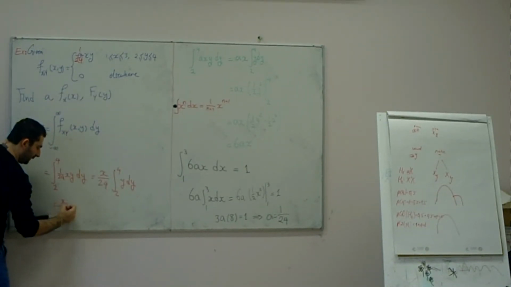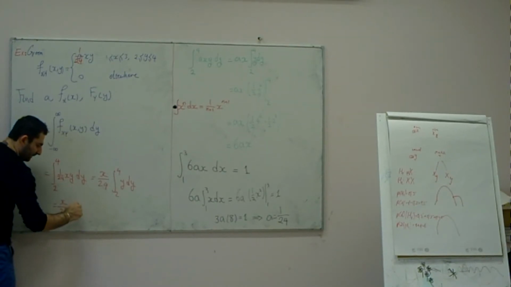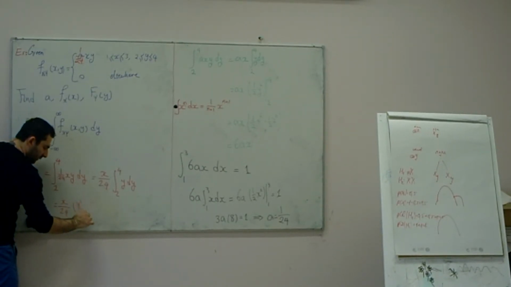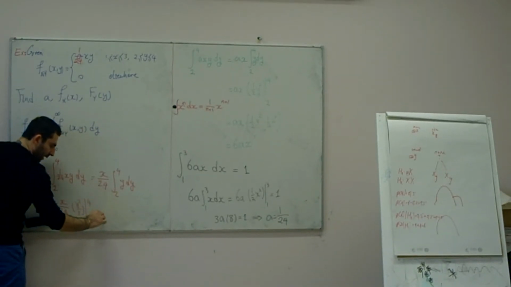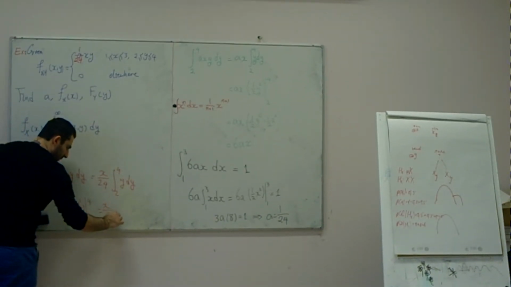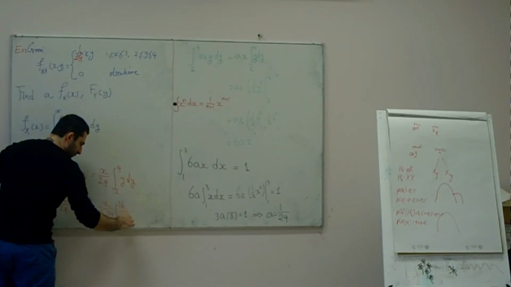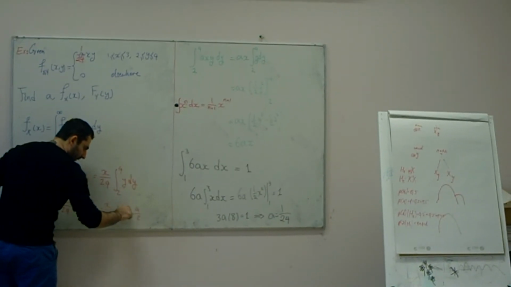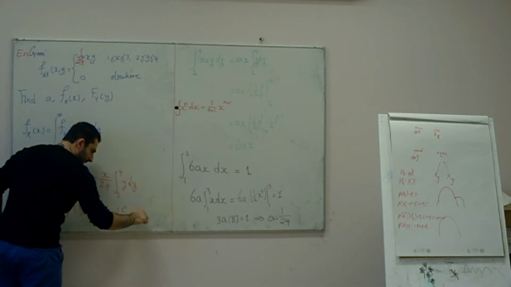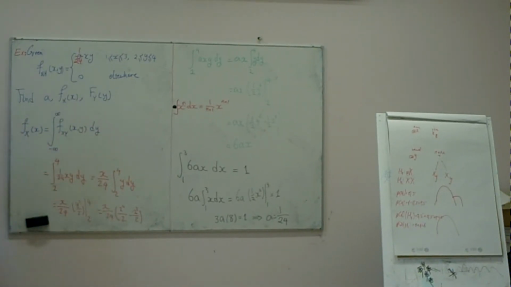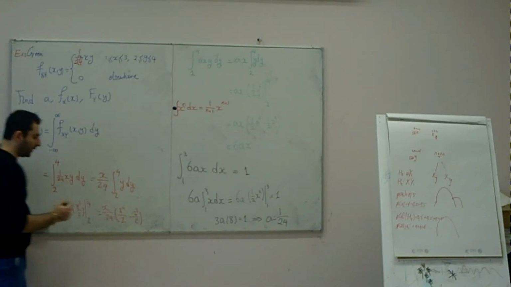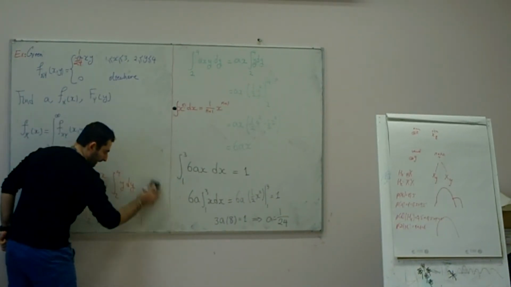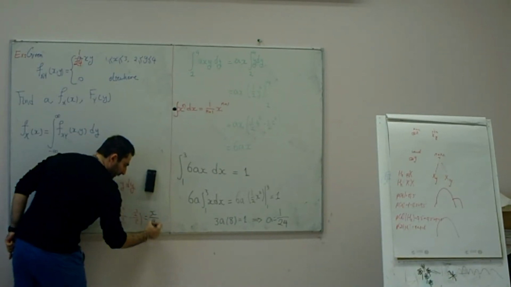This is x over 24 multiplied by y squared over 2 from 2 to 4, which is x over 24 multiplied by 16 over 2 minus 4 over 2. But let's even put it in this form: 2 to the power 4 minus 2 to the power 2. We should know that 16 minus 4 is 12, divided by 2 is 6. 6 multiplied by x over 24 will be x over 4.